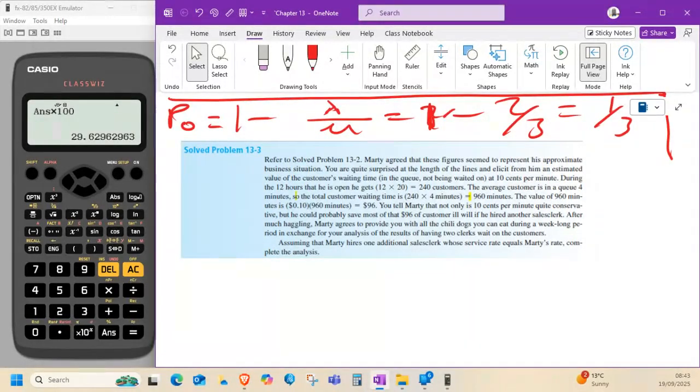Marty agreed that these figures seem to represent his approximate business situation. You are quite surprised at the length of the lines and elicit from him an estimated value of the customer's waiting time in the queue, not being waited on, at 10 cents per minute.